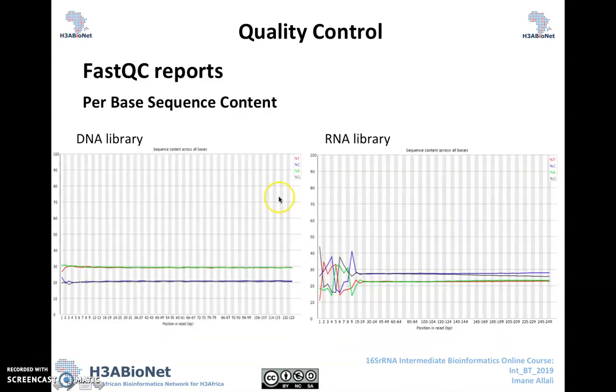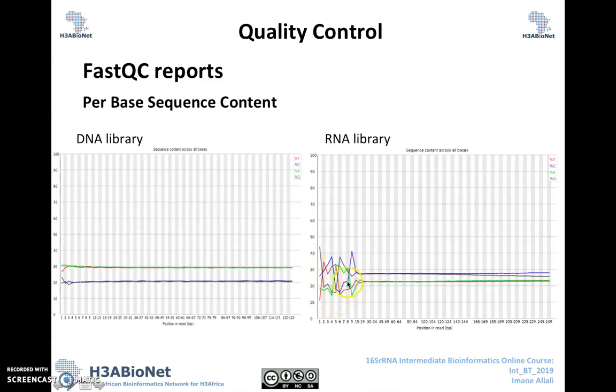You have also the per base sequence content plot. It shows the percentage of the 4 bases per position in the read. The proportion of each of the 4 bases should remain relatively constant over the length of the read, with the percentage of A equal to the percentage of T, and the percentage of G equal to the percentage of C. But for RNA, there is a clear non-uniform distribution of bases.